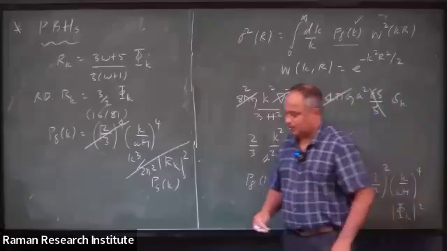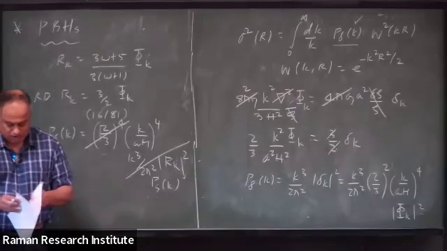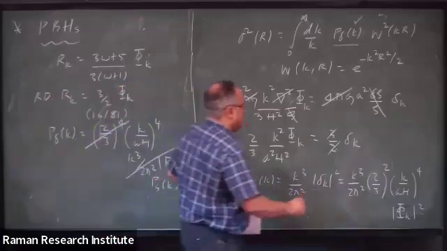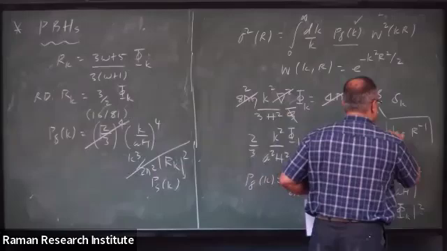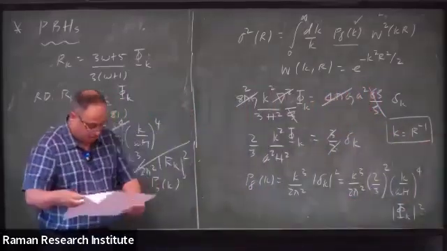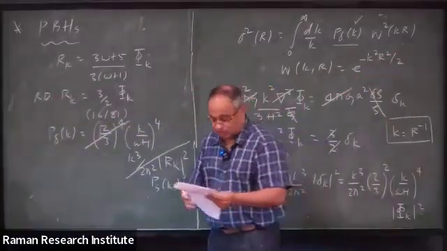Now, in the absence of any other scale, what is usually done is that you choose K to be R inverse. Wherever you see K, you choose K to be R inverse. What it implies is that this R is the smoothing scale. That's not the curvature perturbation, that's the smoothing scale.